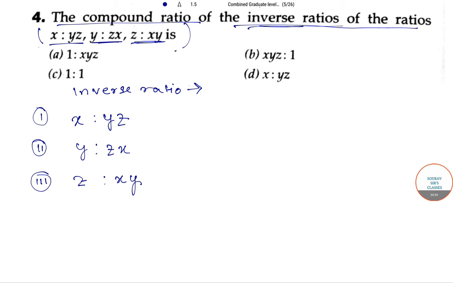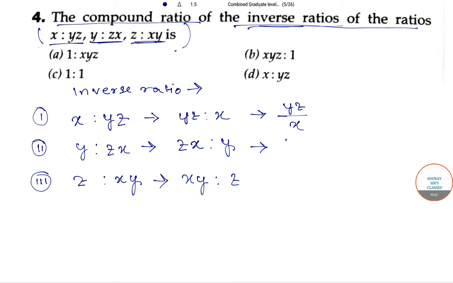So here the inverse ratio for this will be YZ is to X, for this ZX is to Y, for this XY is to Z. Now for ease we can write it like YZ by X, ZX by Y, and here XY by Z. So this is the inverse ratio of the given ratio.